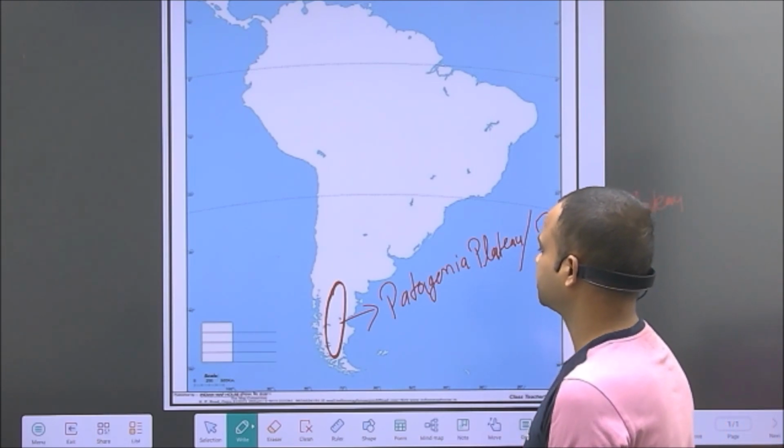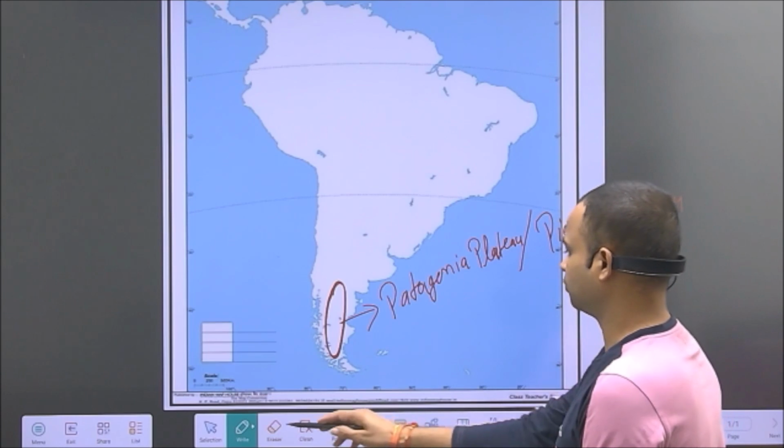Some important facts about the Patagonia Plateau.